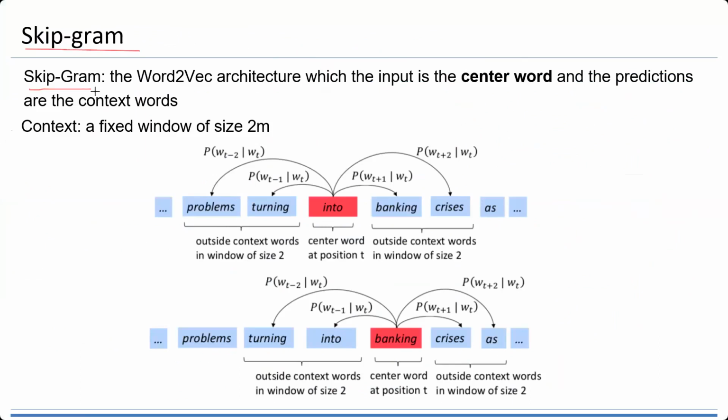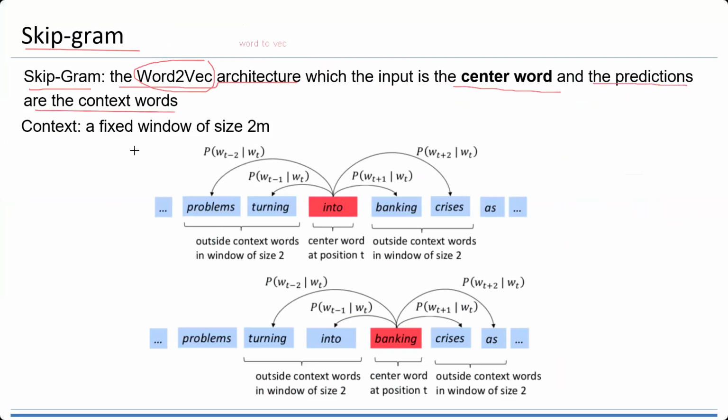The skip-gram is the word2vec architecture, word as a vector. The input is the center word, and the predictions are the context words.